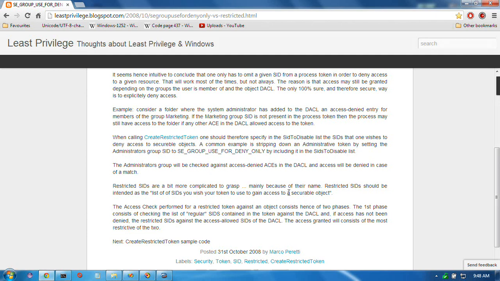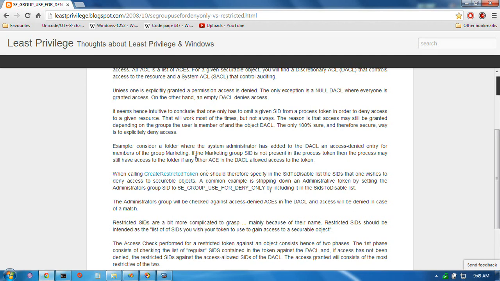Those are the ones you want to use to gain access. And disabled ones, or the ones of this type, cannot be used for any access granting.